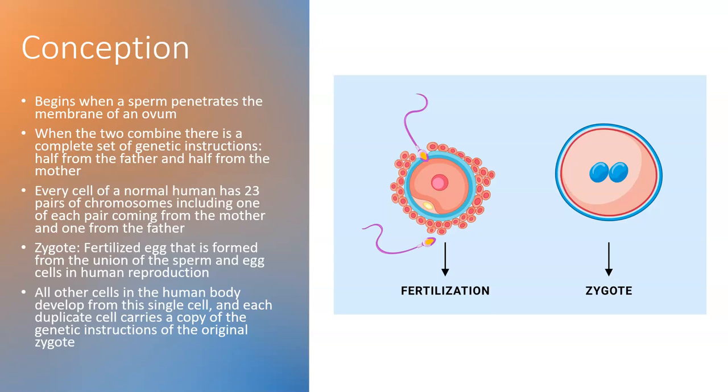All the other cells in the body are going to develop from that single zygote. So during that process, you're going to have lots of differentiation and separation. The genetic information coming from the male and the female are going to dictate the nature of that process.